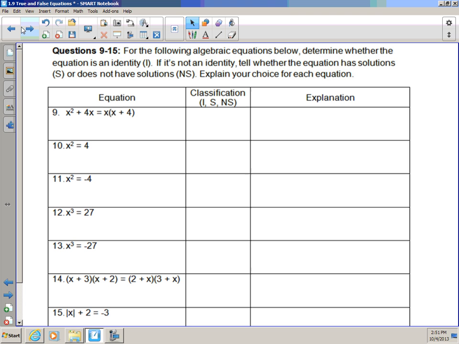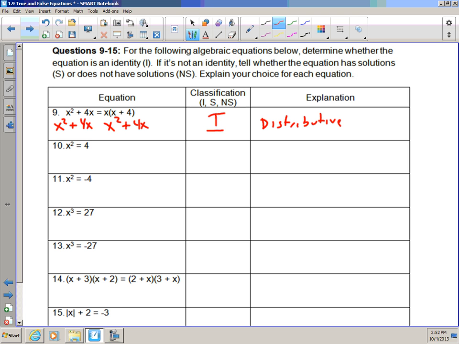So if we take a look at our examples here, x squared plus 4x equals x parentheses x plus 4, we're going to fill in either I for identity, S for a solution, or NS for no solution. This is an identity because of the distributive property. If I were to distribute the x, you can see that I get the same expression on both sides of the equal sign.